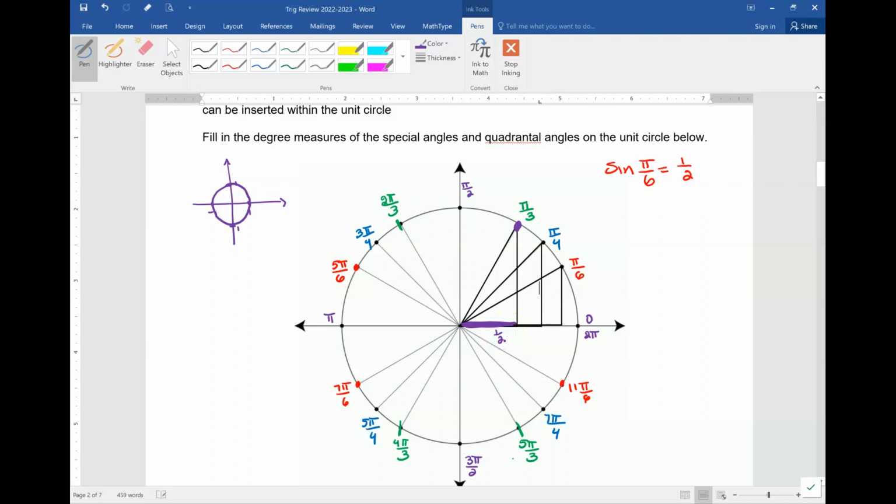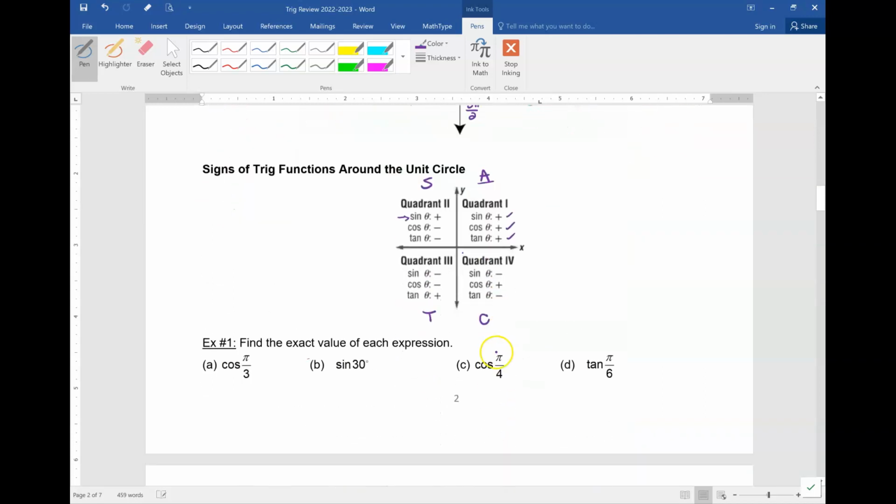That's a half. And so cosine of pi over 3 is 1/2. If you like, you can draw yourself a rescaled triangle with pi over 3. The sides for that are √3/2 and 1/2. Cosine is always the adjacent, so it's 1/2.